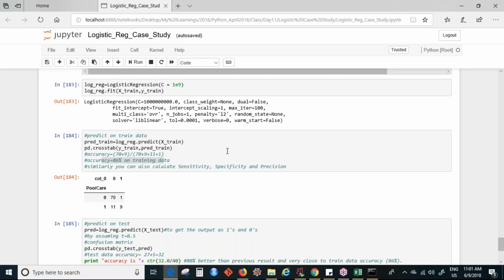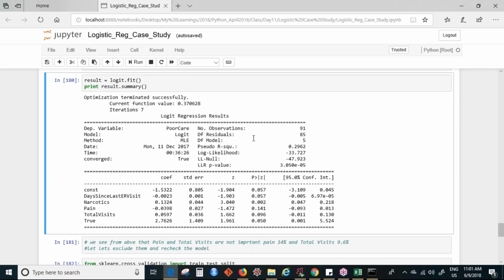Now in this example, I have given equal importance to ones and zeros, and that is why I have not calculated the sensitivity, specificity, etc. I have only calculated the overall accuracy. So this is how you run a logistic regression model.